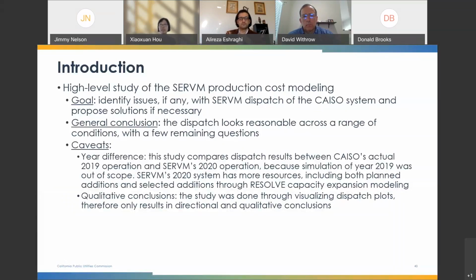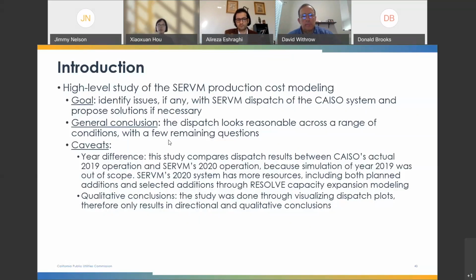Our goal was to take a closer look at SERVM's internal dispatch results and compare that to CAISO's actual dispatch and see if we can identify any issues and provide any recommendations. Our general conclusion was that the SERVM dispatch looks broadly reasonable across a range of conditions. We did note a few remaining questions for further investigation, and we will walk through those in the following slides.